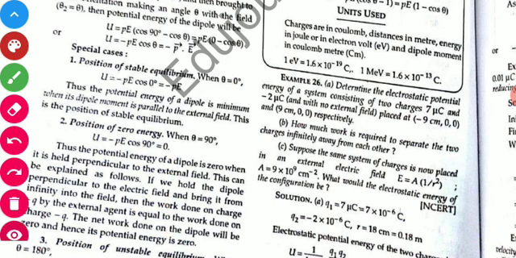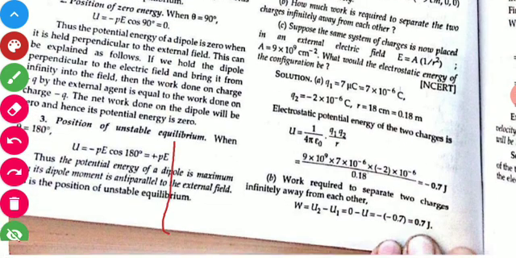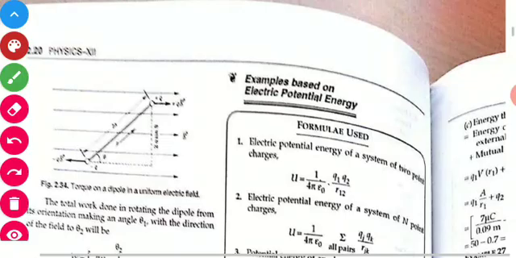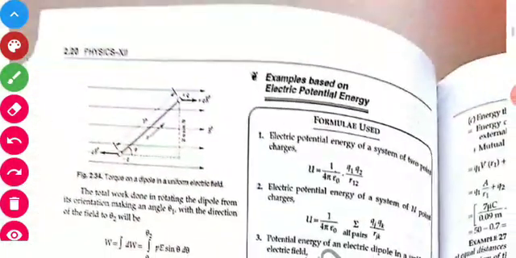The third case is when theta is equal to 180, then U will be equal to plus PE, and this is called unstable equilibrium. So these are the special cases.